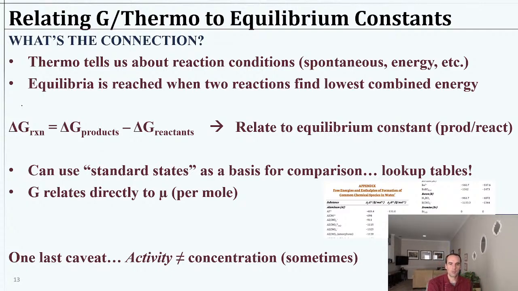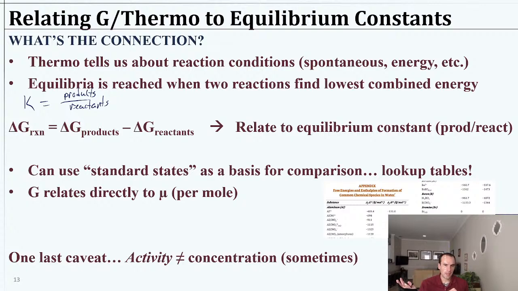You'll remember when we defined a K, we were saying it's products over reactants. And so you can kind of see a similar scheme here with products and reactants, right? So we're going to go through a couple slides with derivations. I'm just kind of pointing us in that direction right here.